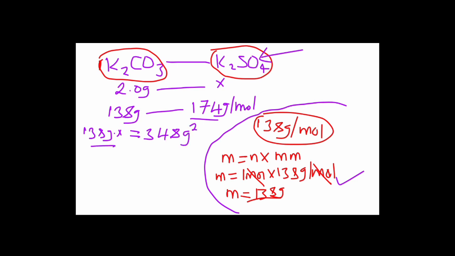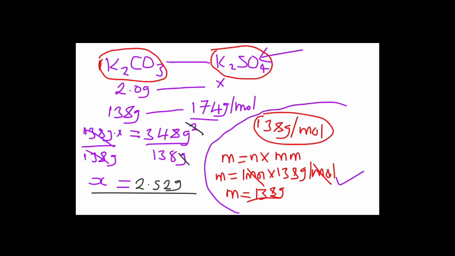We are looking for x, so you are going to say over 138 grams, over 138 grams. Therefore, we are going to say the value of x equals, grams and grams will go, g and 2 will go, and then we are going to remain with what? Our final answer, which will be 2.52 grams. This gram is for the amount of potassium sulfate.